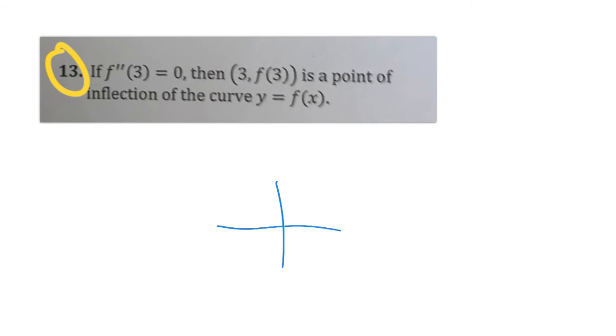And what that looks like is something like this. Let's say you've got a curve like this, and it goes on forever. Well, this green part is concave down, and we can say the blue part is concave up, and that point in between is called the point of inflection.